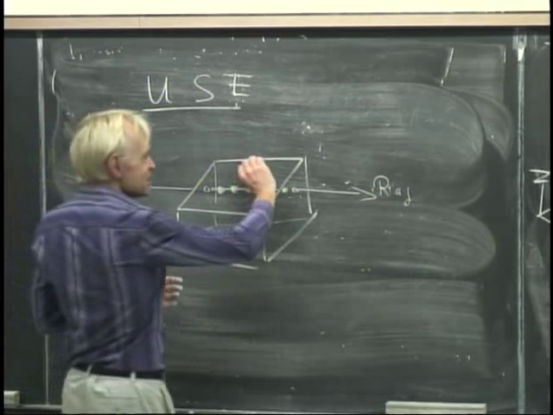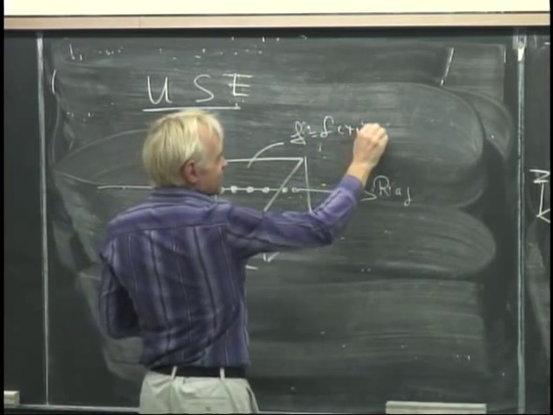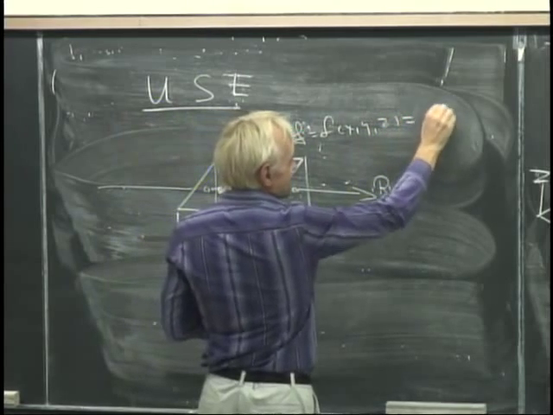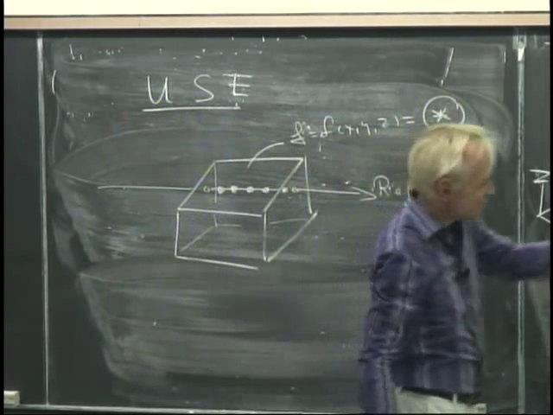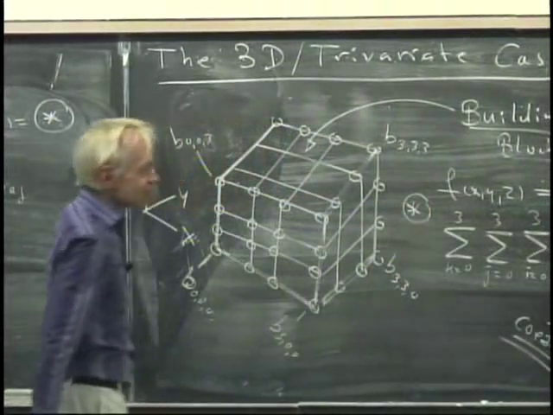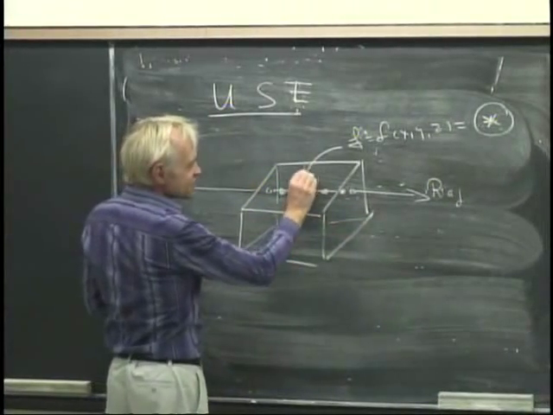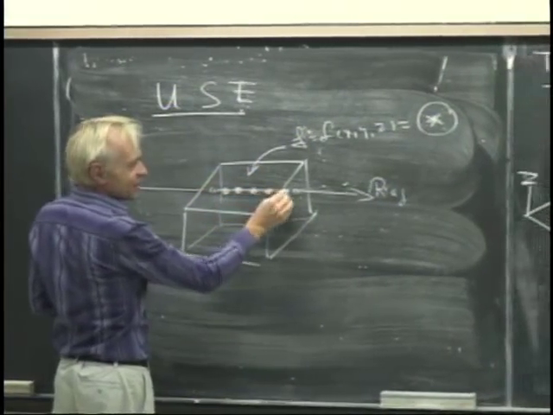So this thing is now f equals f of x, y, z, which is this particular beast over here. It is of this form, right? And now we evaluate that at these sample locations, 1, 2, 3, 4, 5.